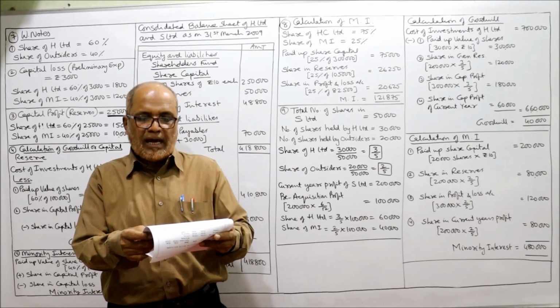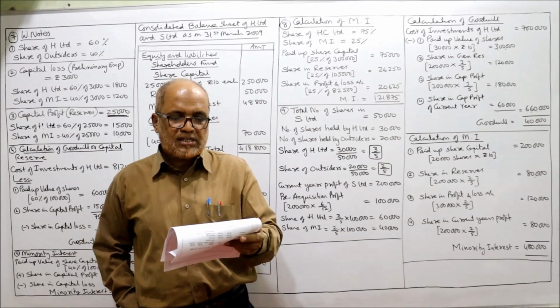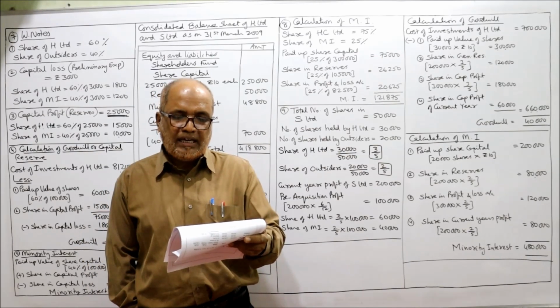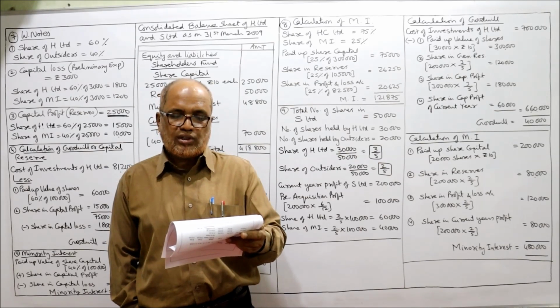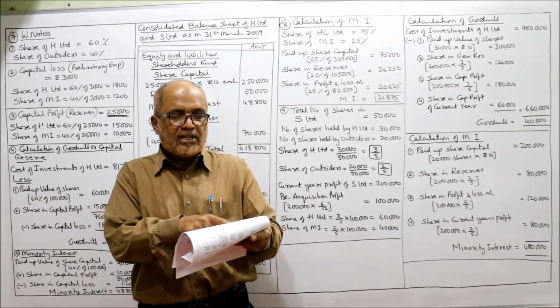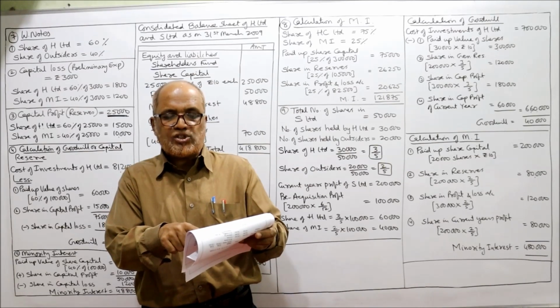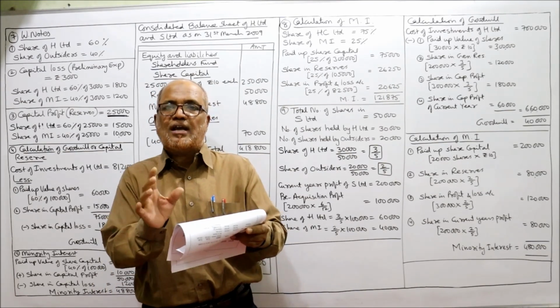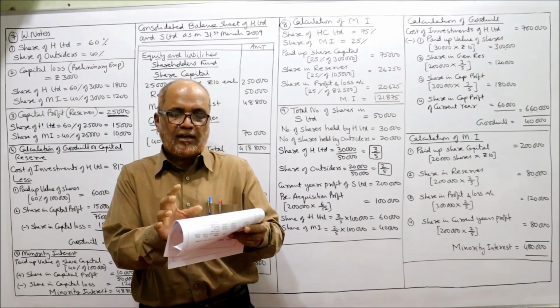SC Limited earned a profit of 67,500 for the year ended 31st March 2003. Actually, HC Limited acquired 75% of shares of SC Limited on 31st July 2002. So how many months are there?